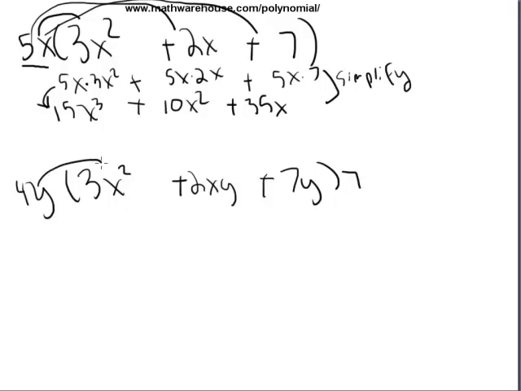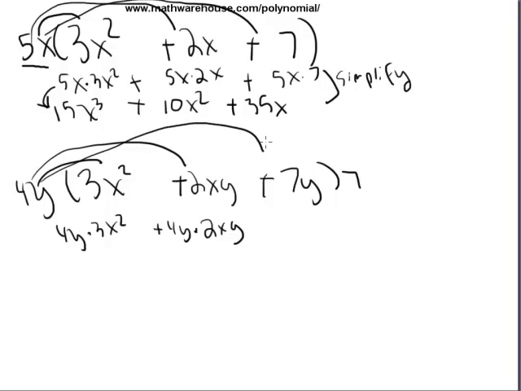Let's distribute 4y times 3x squared, 4y times 2xy, and then 4y times 7y. Okay, and if you remember, the last thing that we do is now simplify using the laws of exponents.